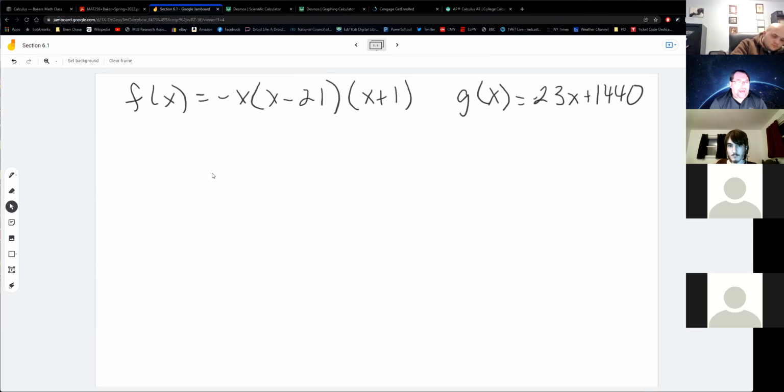This is one of those ones that the way it's set up right now is going to be a mess to try to do the integration. So let's take f of x and multiply it out, so we just have a simple polynomial, and then my integration is going to be a lot easier to work with. We multiply this out and end up getting negative x to the third plus 20x squared plus 21x.